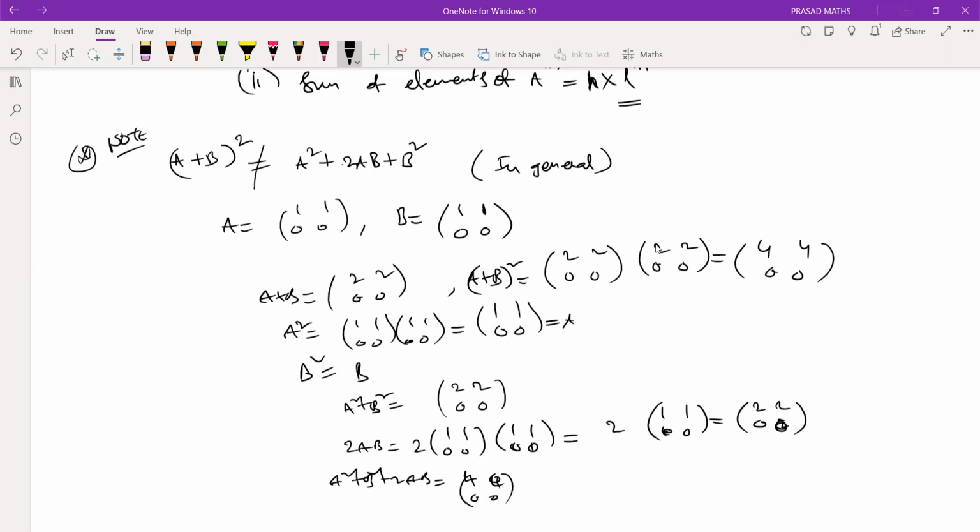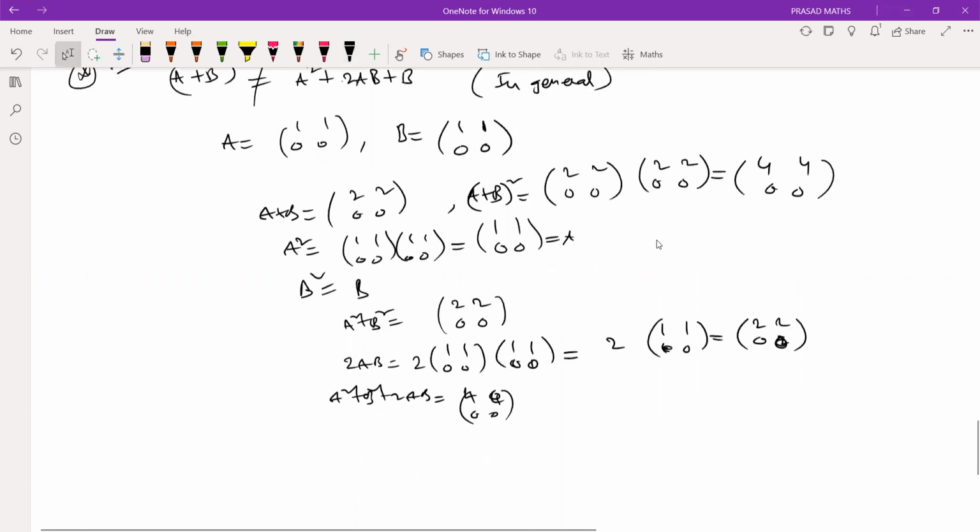So both are the same, but this example doesn't work. You can take a non-trivial example, like 1, 2, 3, 4. I think this example works. You can check it.